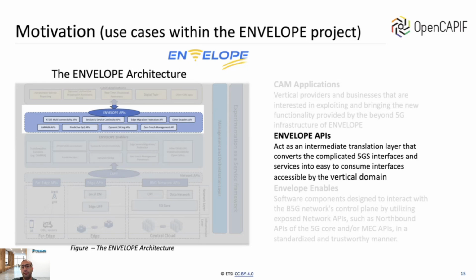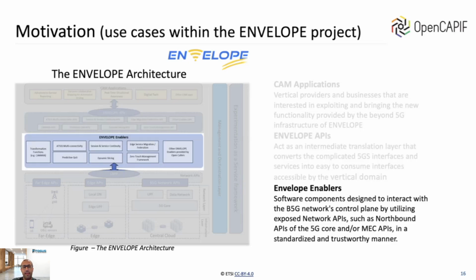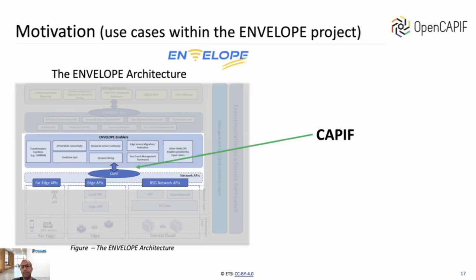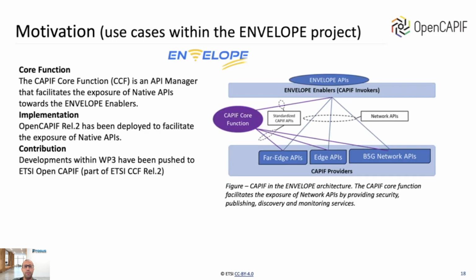The second layer is the Envelope APIs layer, which acts as a translation layer between the complex 5G and beyond 5G interfaces, and tries to translate them into a more user-friendly interface. And then there is the Envelope enablers layer, which directly communicates with the infrastructure APIs. And here is exactly where CAPIF is positioned.